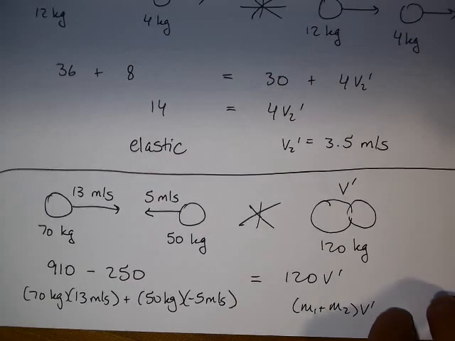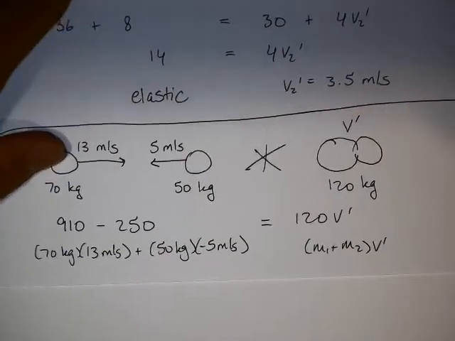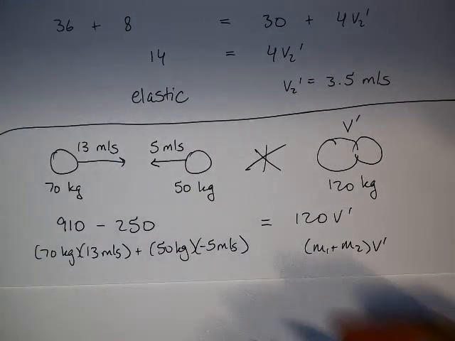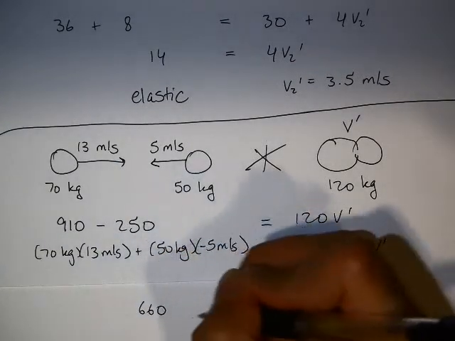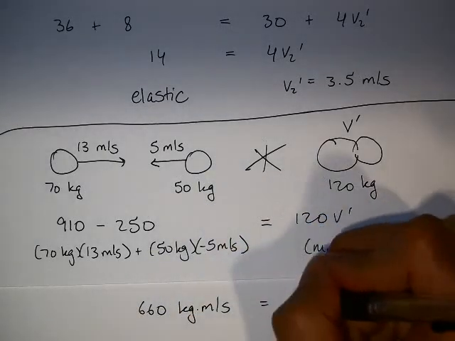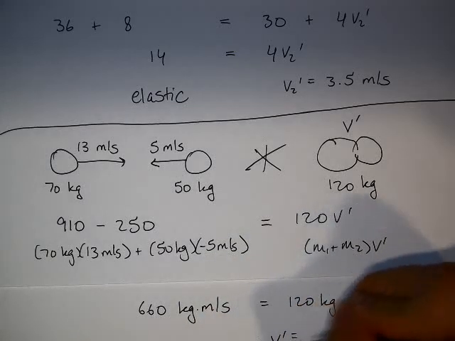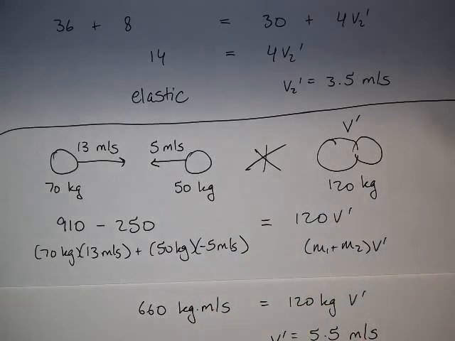Running out of room here. So we have 660 kilogram meters per second equals 120 kilograms times v prime, and v prime equals 5.5 meters per second.